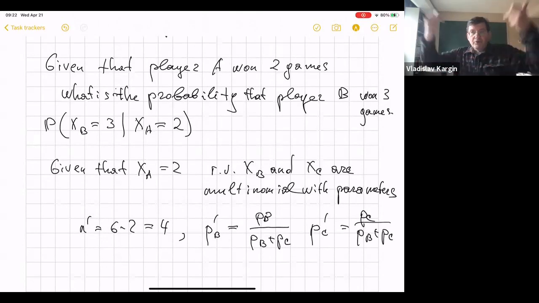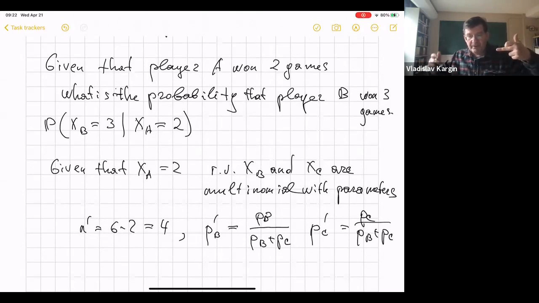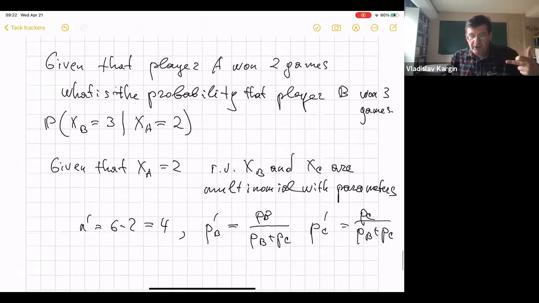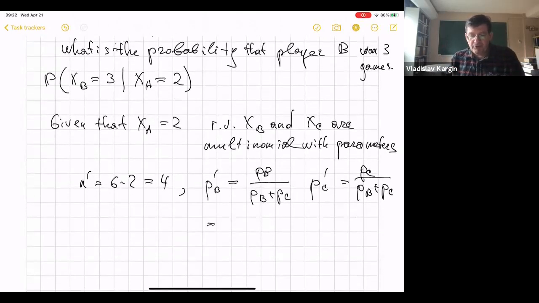So these are the old probabilities of the win, but they don't sum to 1, so you need to normalize them so that they sum to 1. In our case, P_B was 0.3, and you divide it by 0.3 plus 0.5, which is equal to 3/8.